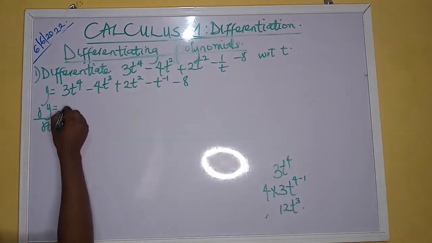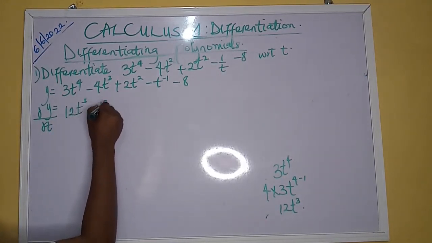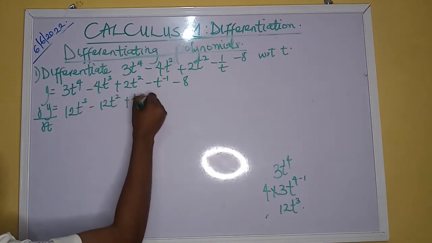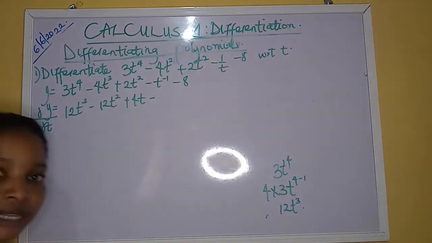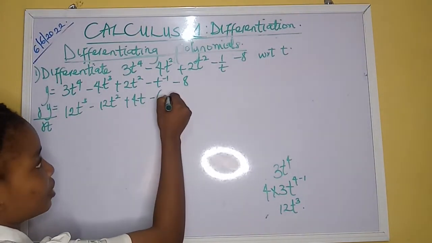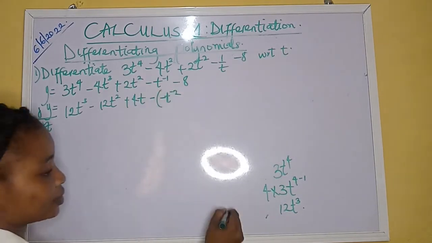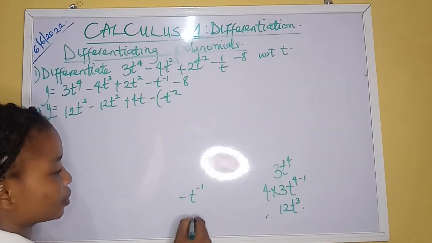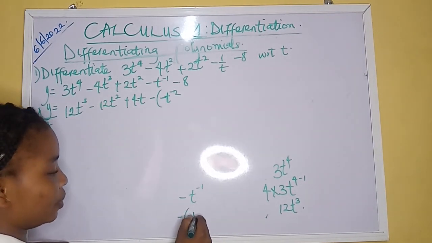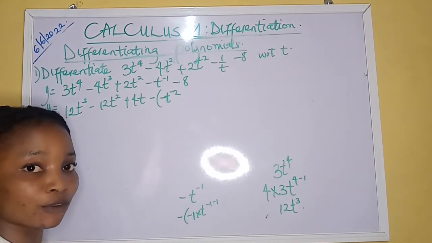So we have 12t raised to the power 3 minus 12t raised to the power 2 plus 4t minus, this might be giving you issues, so you can put it in brackets, minus 1 times minus t raised to the power minus 2. When your minus 1 comes down here to multiply your t, you're also subtracting 1 from your power.